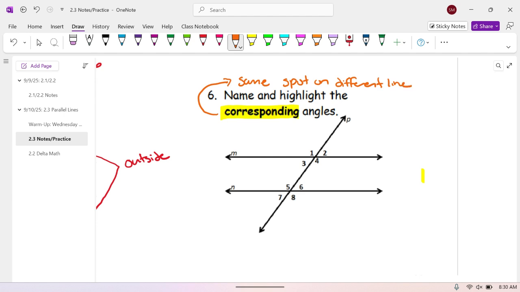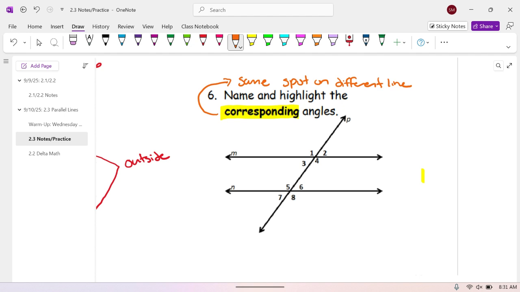So in other words, if I look strictly at line M and the angles formed by that, and I look at line N and the angles formed by that, the corresponding angles are the ones that appear to be in the same spot between the two lines.